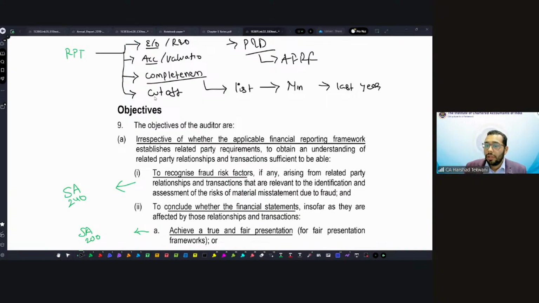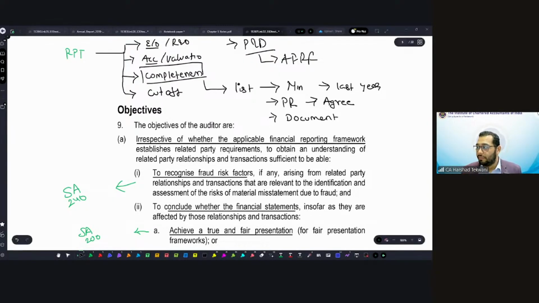Then you can check public records with respect to the directors and managing directors of the company. You will check minutes, agreements, joint venture agreements, contracts, big contracts, and significant documents, to understand whether there is any related party which is not reported, and in this way you can get comfort on the completeness.